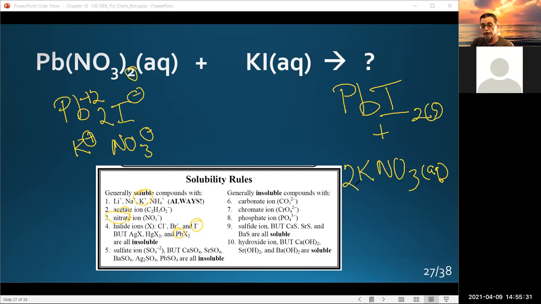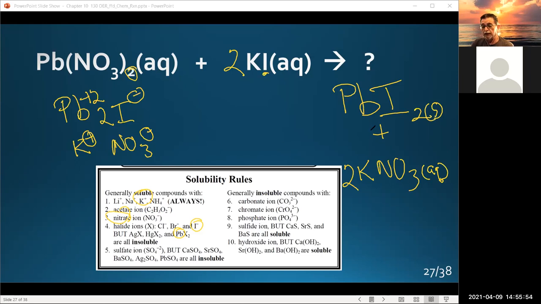What if I put a 2 in front of potassium nitrate? Okay, that'll work. That makes my nitrates balance, but that kicks up my potassium. So I go back to the reactant side and I put a 2 in front of KI to balance my potassium. So we're good with potassium, which kicks up my iodide.